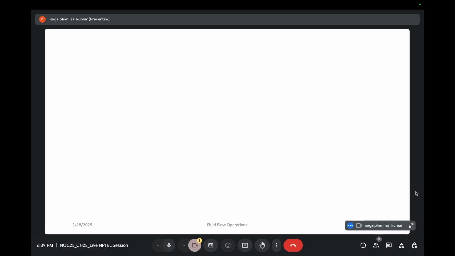Okay, so now rate of increase in mass in x direction will be outflow minus inflow, or accumulation basically. Rate of accumulation or rate of increase in mass in x direction, so this is nothing but outflow minus inflow.